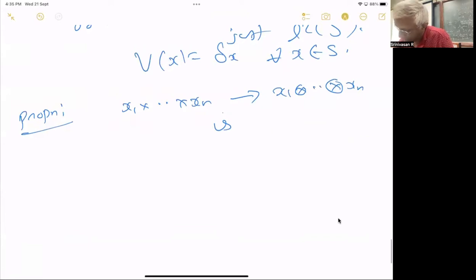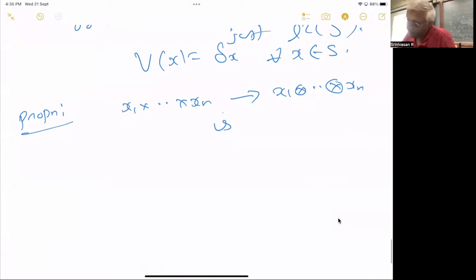What it means, it's multilinear, that is, you take any of them: x1 cross up to alpha xi plus x'i, then cross up to xn, where anywhere this alpha can come.